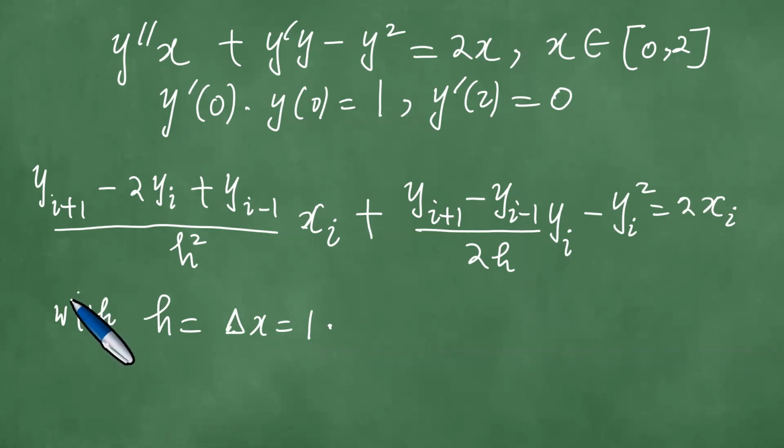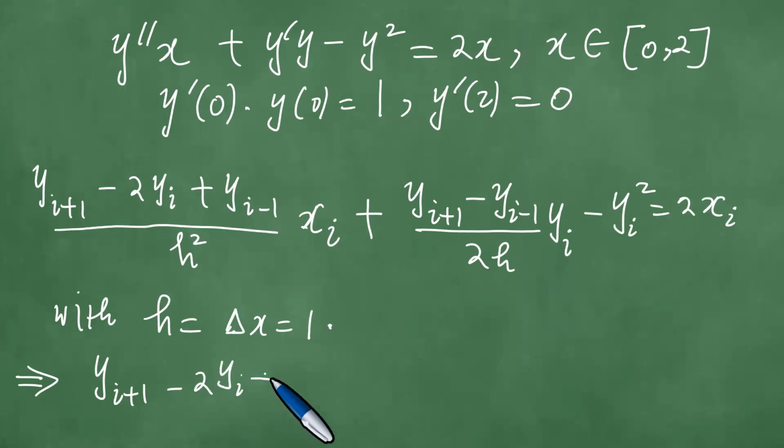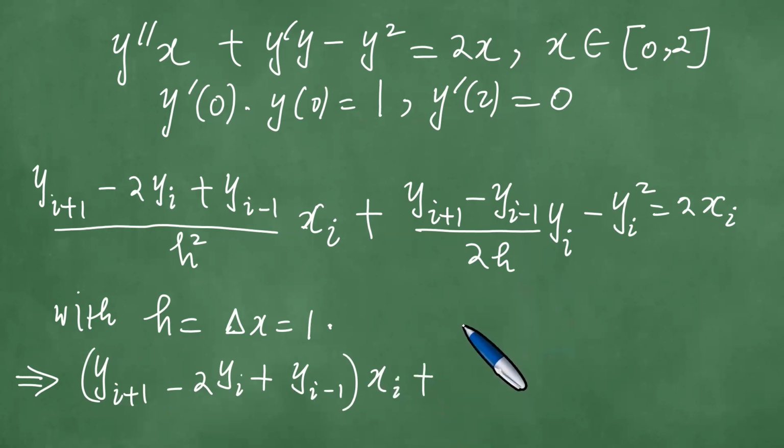So if we substitute everywhere, what are we going to achieve? For example, substituting here will give y sub i plus 1 minus 2yi plus yi minus 1, into xi. This is already 1.